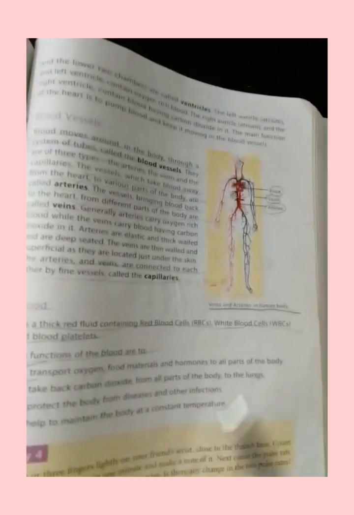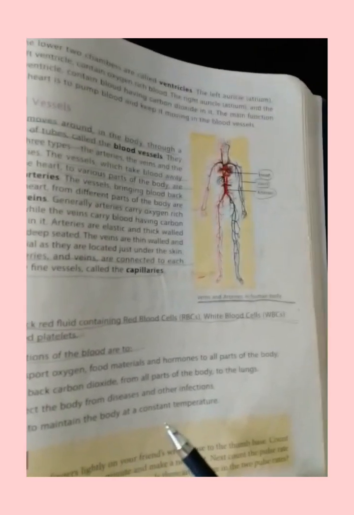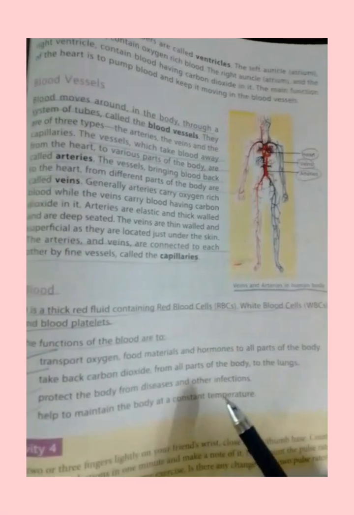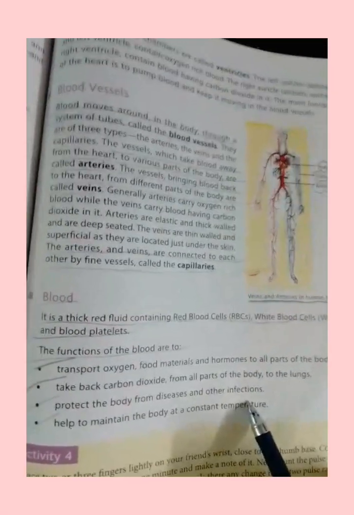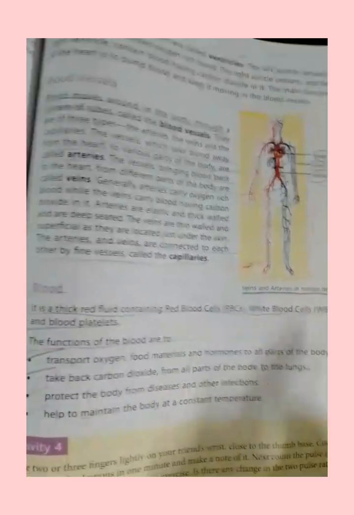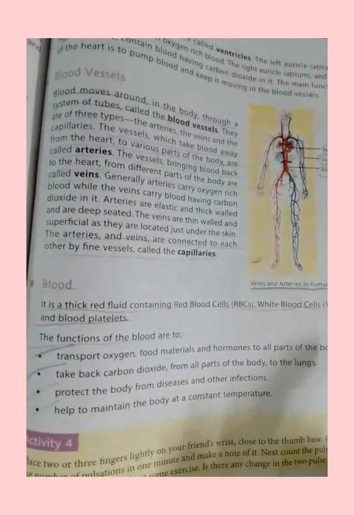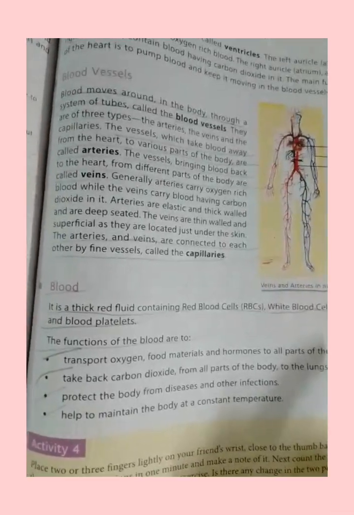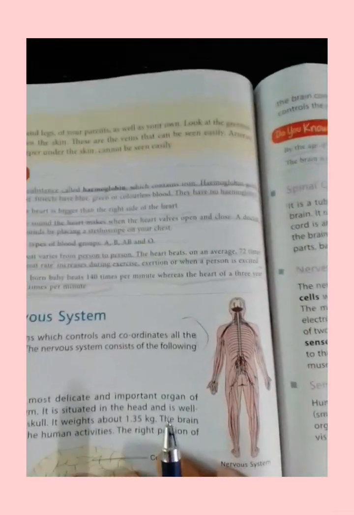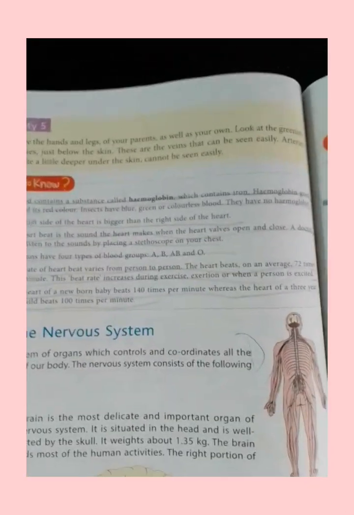Next, blood is responsible for protecting the body from diseases and other infections. Several proteins are present which help to protect us from various diseases. And blood is also responsible for maintaining the body temperature constant. The temperature of the human body is 37 degrees Celsius. So blood is responsible for this also.